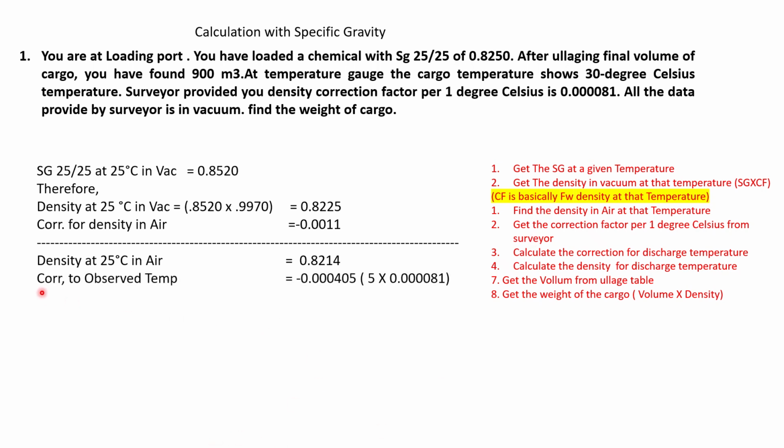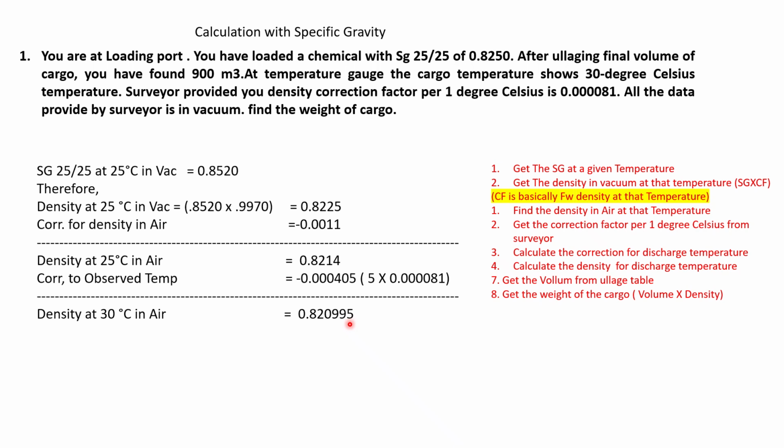So we have 5 times 0.000081, and we get a correction of 0.000405, right? Because our temperature is increasing, normally the density will decrease, so we subtract that one from the density at 25 degrees Celsius, and we get the density at 30 degrees Celsius in air as 0.820995.